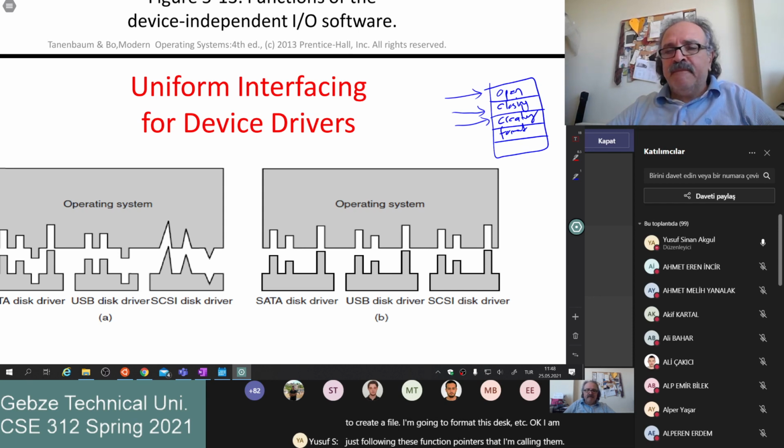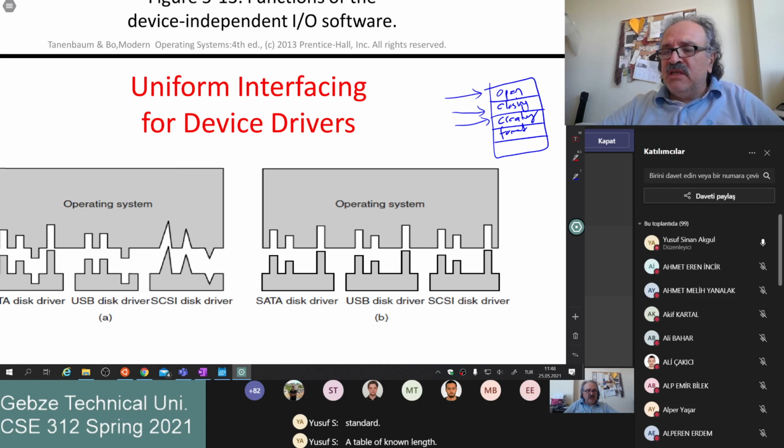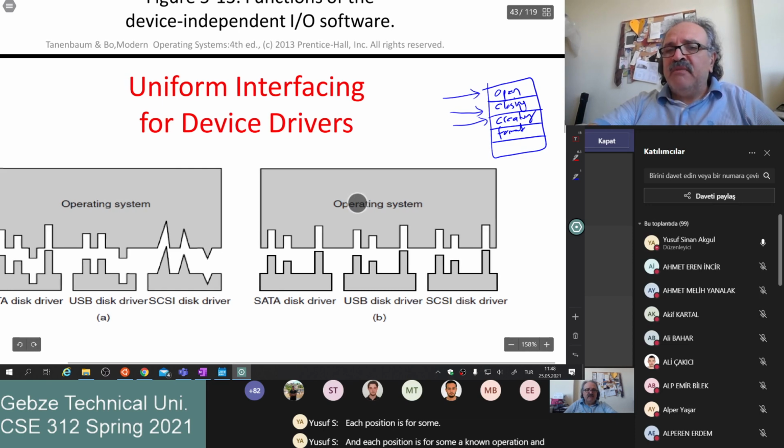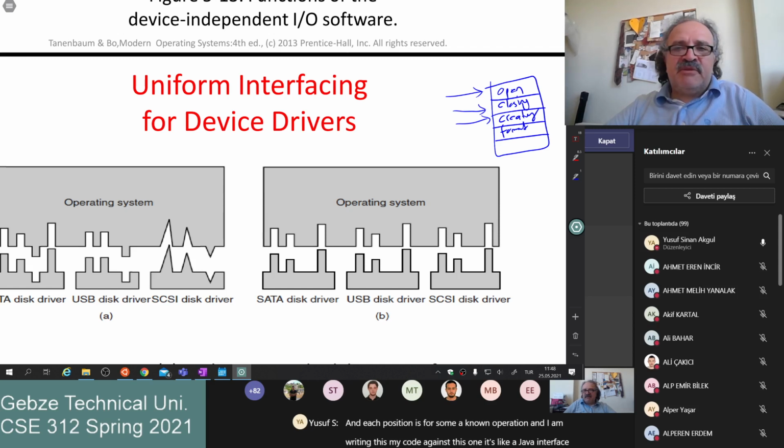So the interface is very standard, a table of known length, and each position is for some known operation, and I am writing my code against this. It's like a Java interface or C++ abstract class.